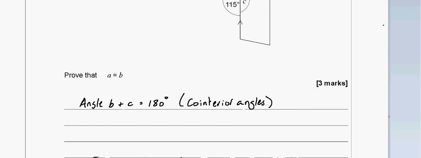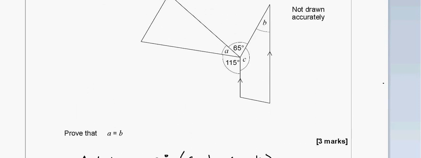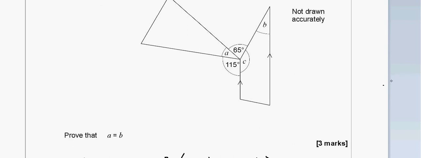Okay. Now we also know that this full circle here would be angle A plus angle C plus 115 plus 65.